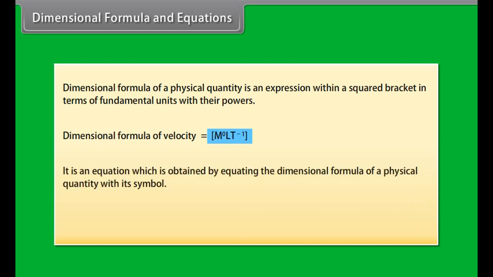Dimensional equation is an equation which is obtained by equating the dimensional formula of a physical quantity with its symbol. Let us take an example. Dimensional equation of velocity is V is equal to under bracket M to the power 0 L T to the power minus 1.